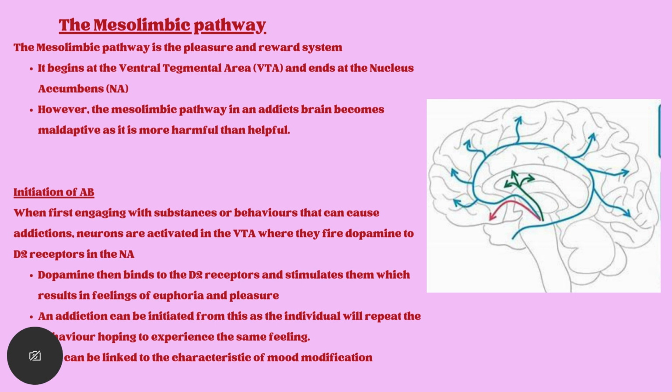An addiction can then be initiated as the individual will repeat this behaviour, hoping to experience the same feelings. This can be linked to the characteristic of mood modification, because when we engage in addictive behaviour, we might feel a high or a buzz, and that's our D2 receptors being stimulated.